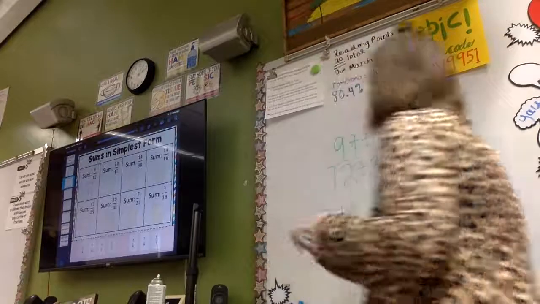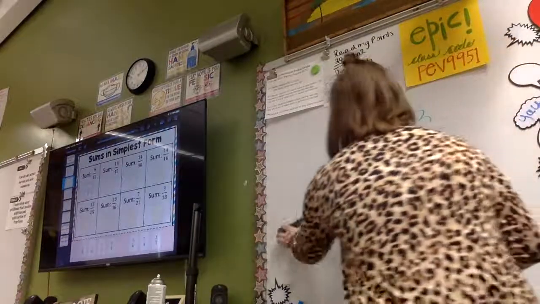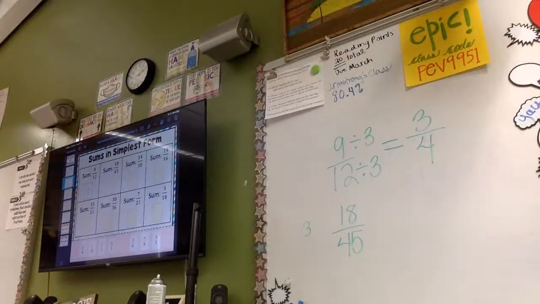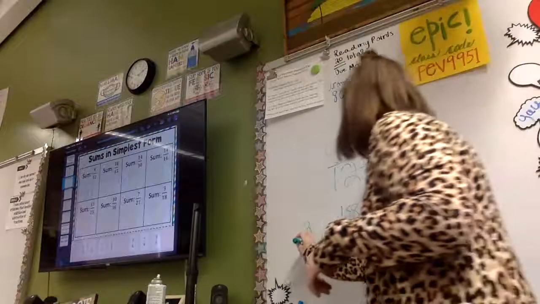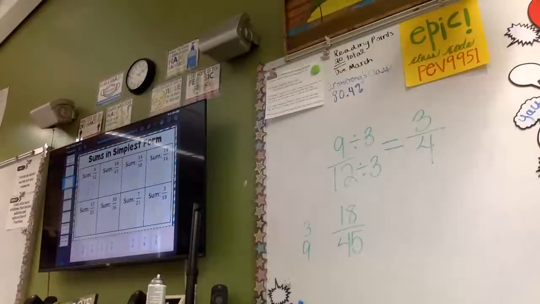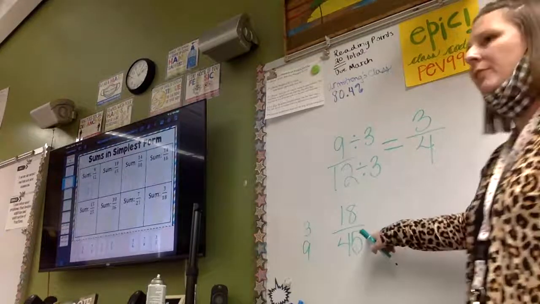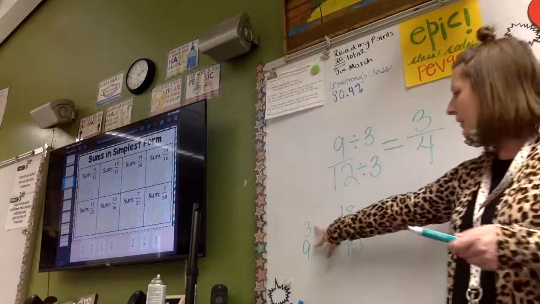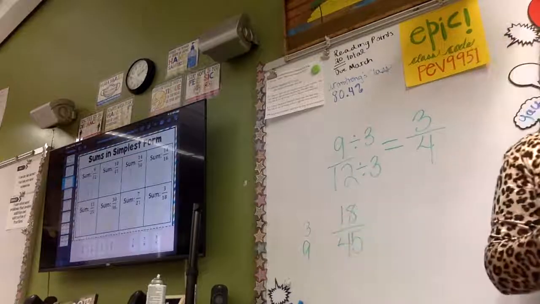That's an option. Colin, what do you think? 9. Colin thinks 9. Madison, was that your answer? 4. Blaine, 6. Does 6 go into 45? No. Okay. Now, so we have 2 options here. We have 3 or 9.